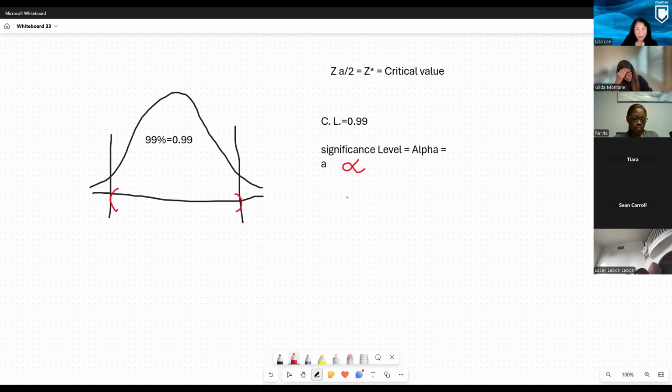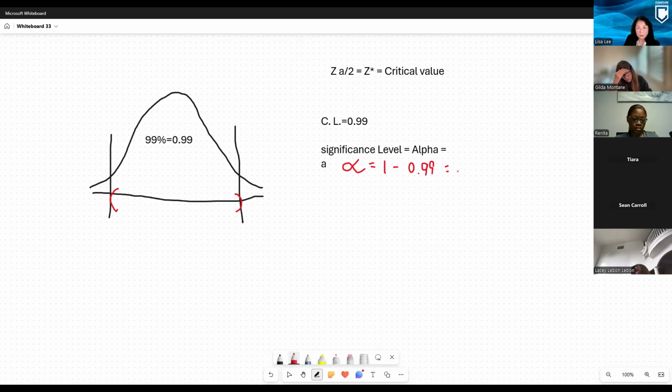So alpha is equal to 1 minus 0.99, the confidence level in the middle, the probability we are going to present here.